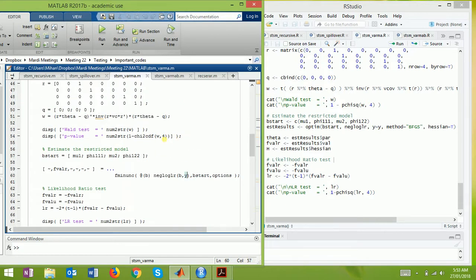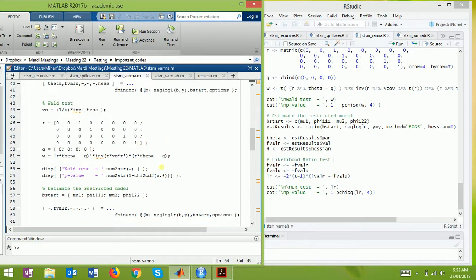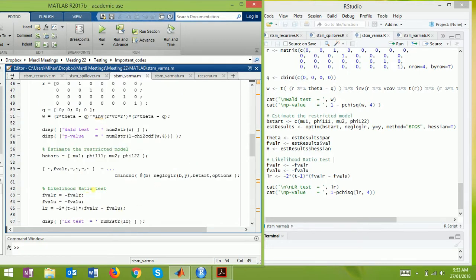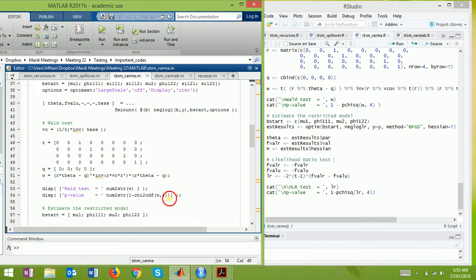And for the LR test also we have 4 degrees of freedom, because we are dealing with VARMA. If we take the difference, how many are we deducting in unrestricted and restricted? Our total number of moving average parameters is 4.